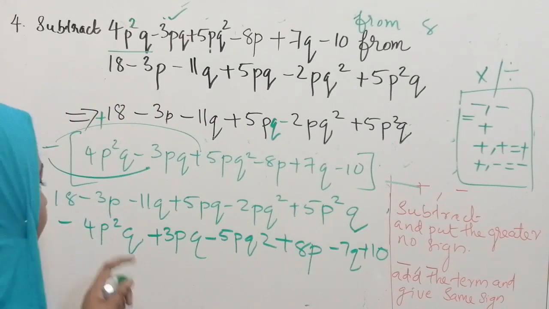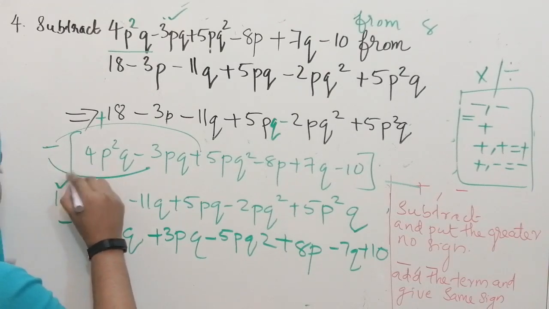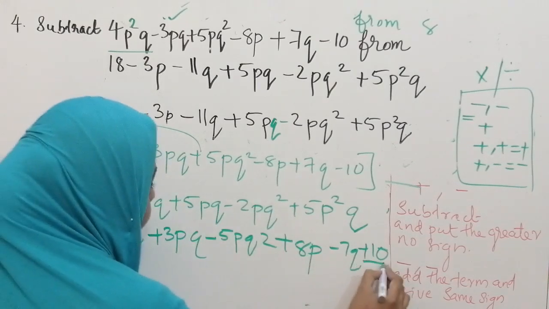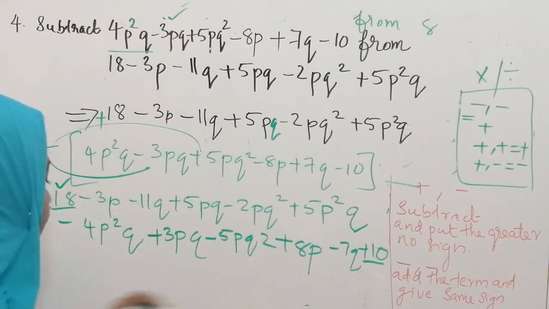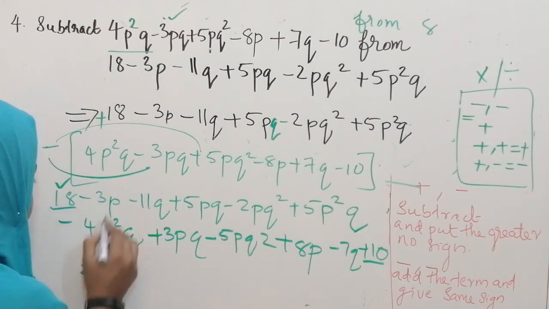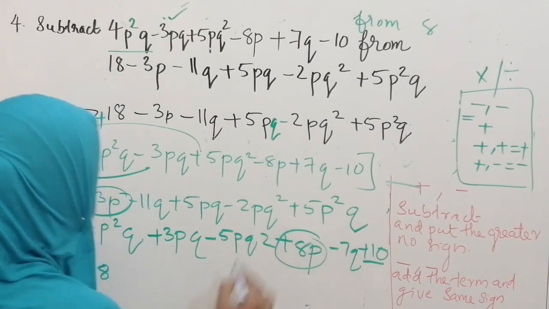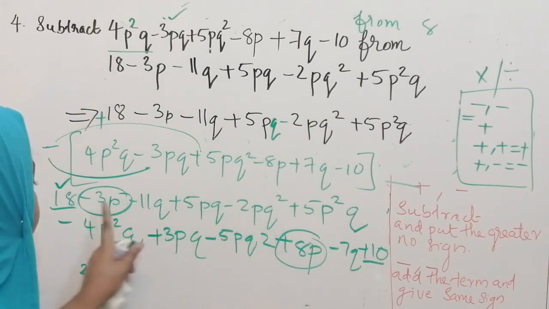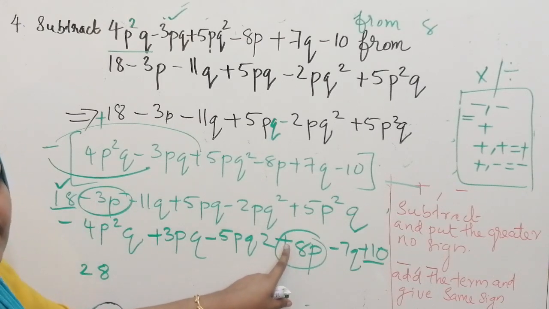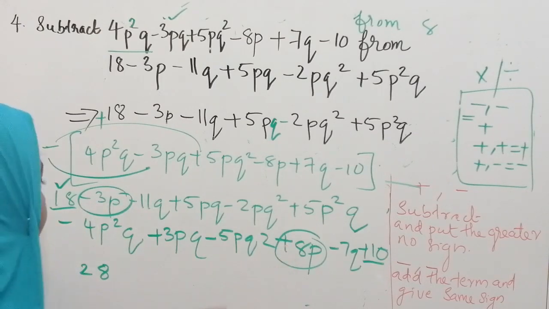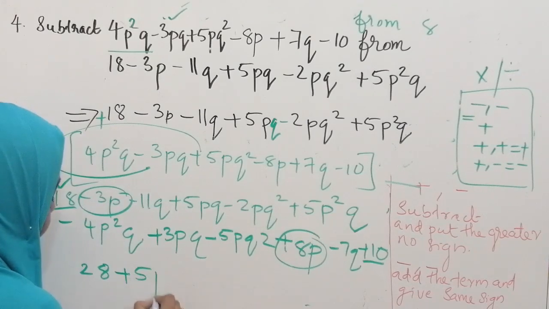So what will be the answer here? First the constants 18 and 10. So 18 plus 10 is 28, minus 3p and plus 8p. Here you can see different signs, so you subtract and give the greater number's sign. So plus 5p.